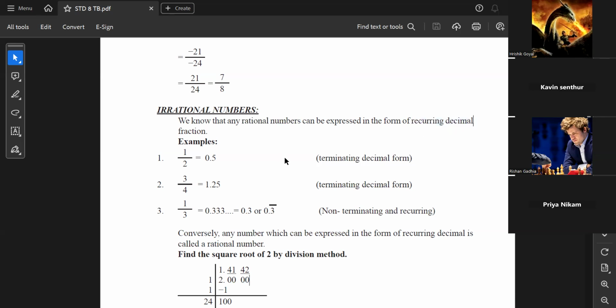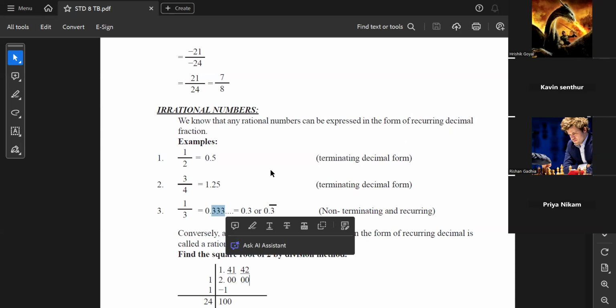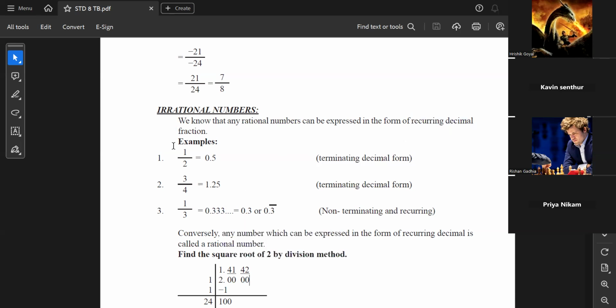So it doesn't mean that whenever you see a recurring decimal, it is always an irrational number. It is not compulsory. To explain that, they gave you these three examples.